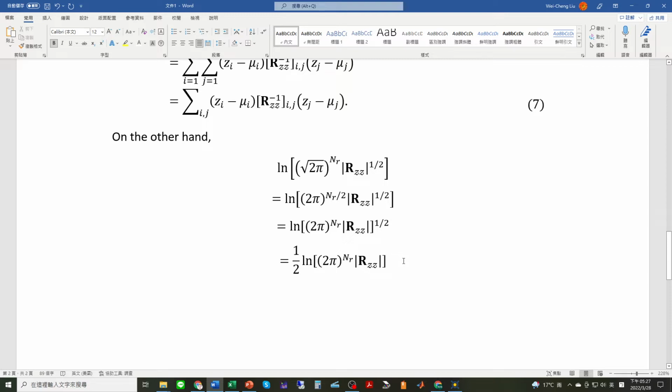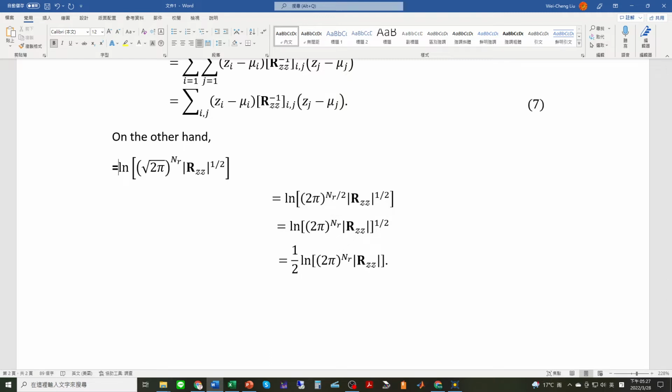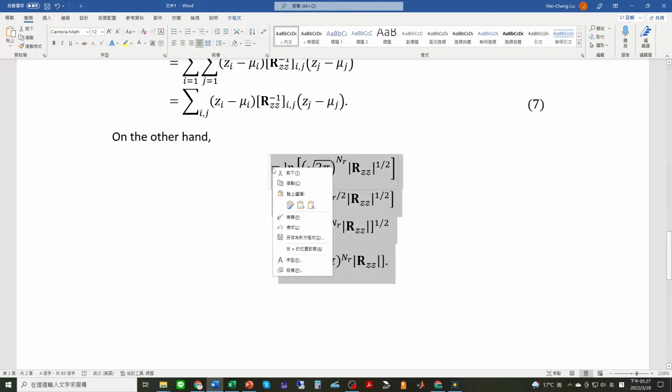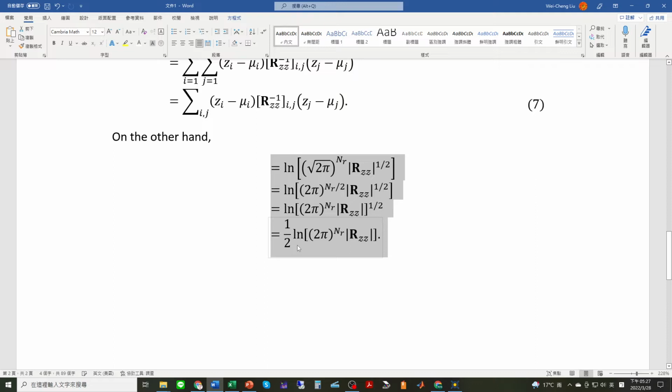Sorry. Let me align this equation at the equality, and let me make this become white.